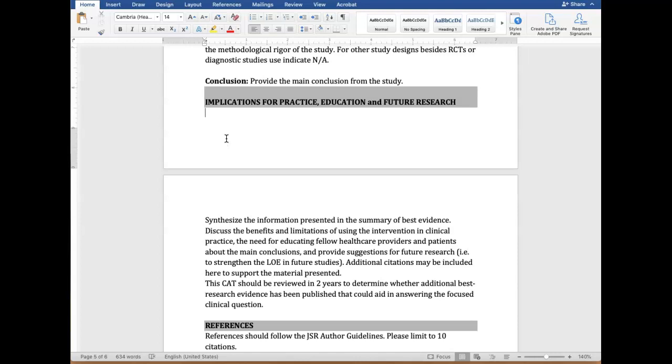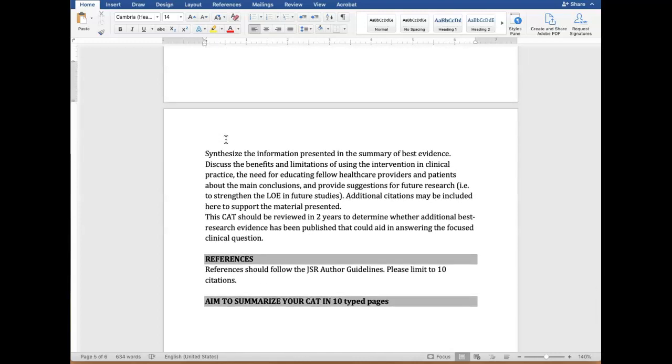And then always at the end of a critical appraisal topic, you're going to talk about ways that we could further the research that was done. So an example would be you find that there was an improvement in strength gains. So then the research needs to look at different exercises that might improve strength gains in patients after an ACL reconstructive surgery. I hope this was helpful.